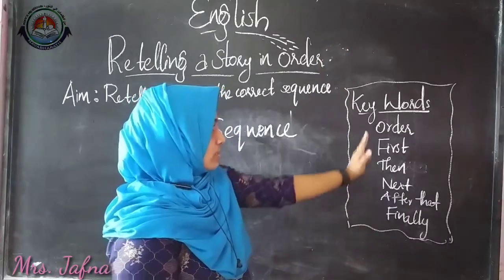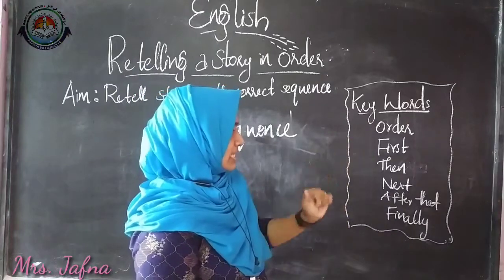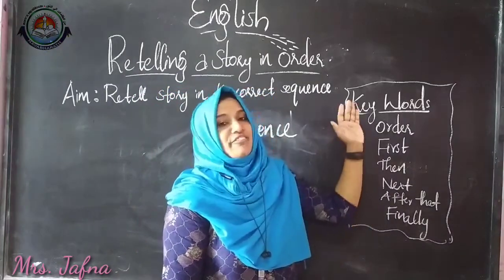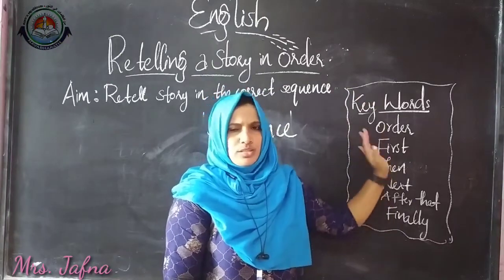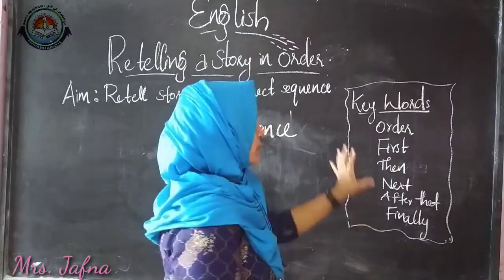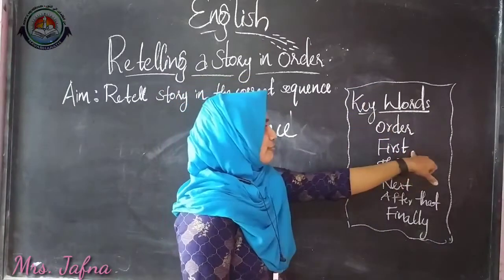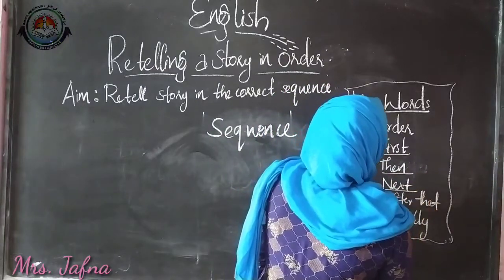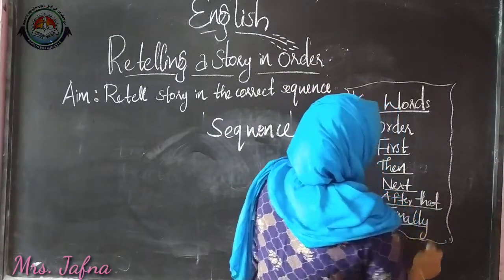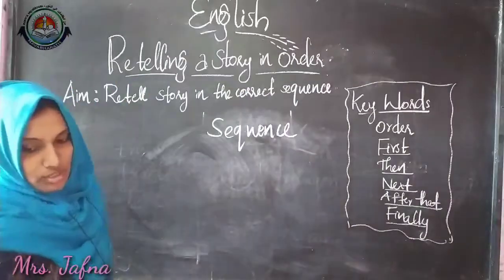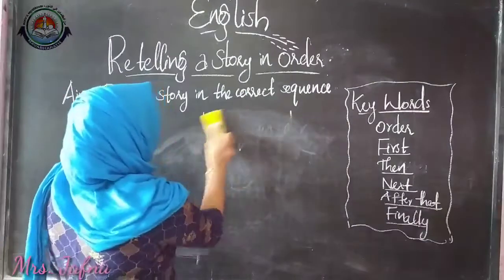Yes, they are: first, then, next, after that, and finally. These are the new words that you have to learn to spell. These are what we call the order words.